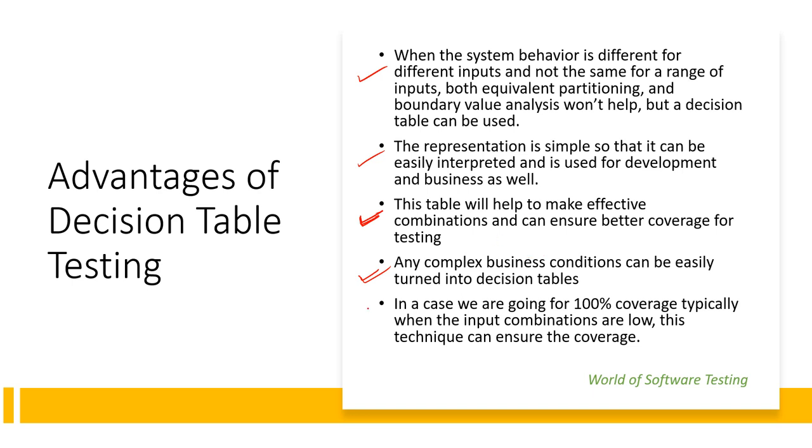The next is in case we are going for 100% coverage. Typically when the input combinations are low, this technique can ensure the coverage. So these are some of the advantages of decision table based testing.